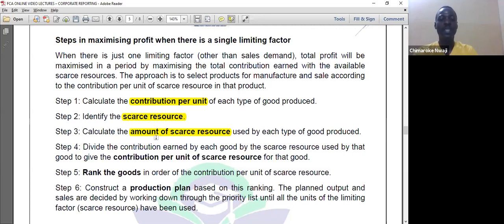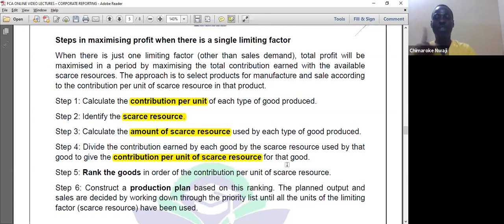We'll divide this contribution per unit we've gotten by the amount of scarce resource, which is the scarce resource per unit, to get what we call contribution per unit of scarce resource. This step number 4 is very, very important.